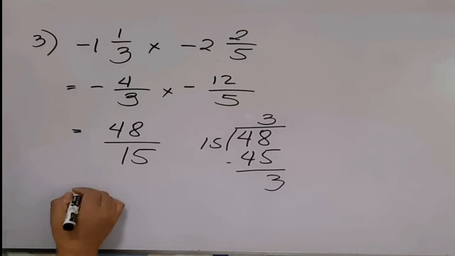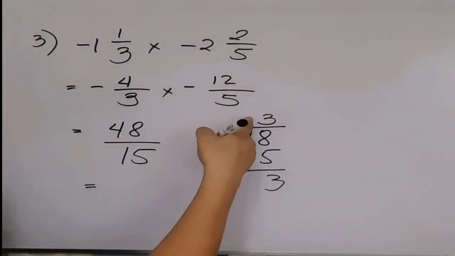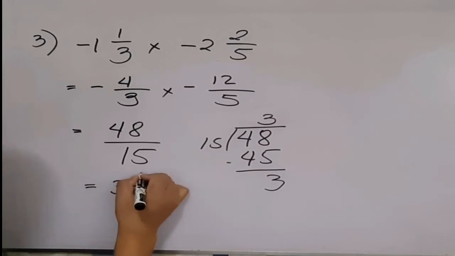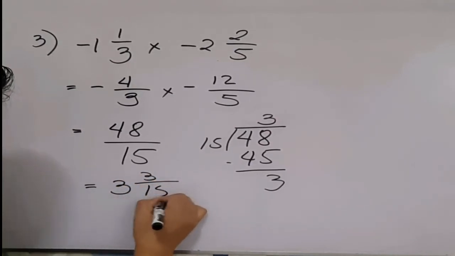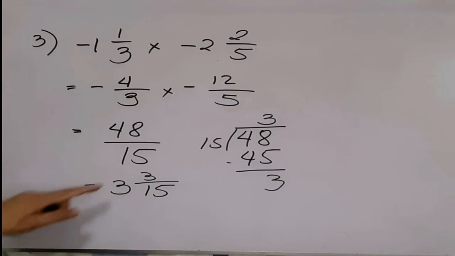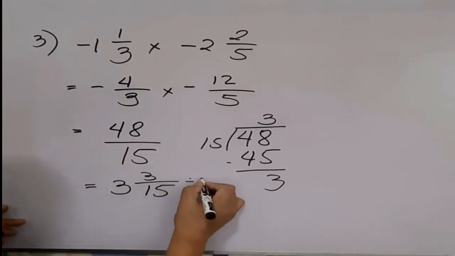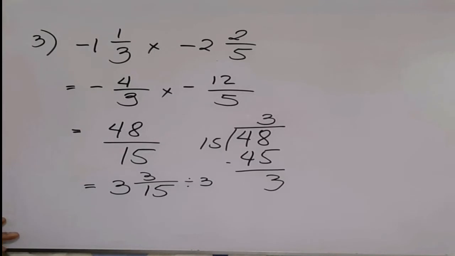So 48 divided by 15 is 3 and 3 over 15. Your numerator and denominator are both divisible by 3. Therefore, we divide both numerator and denominator by 3.